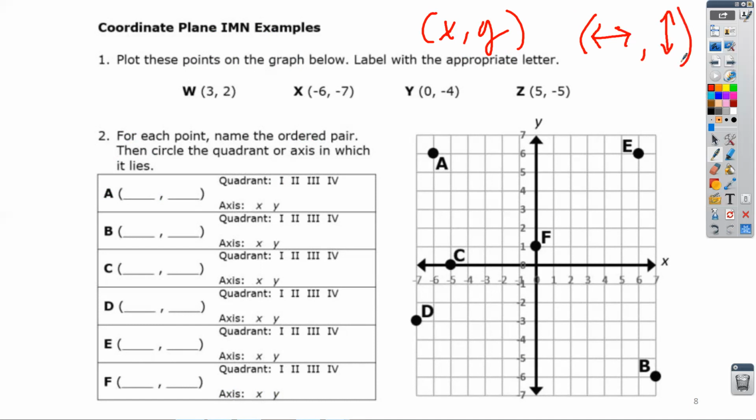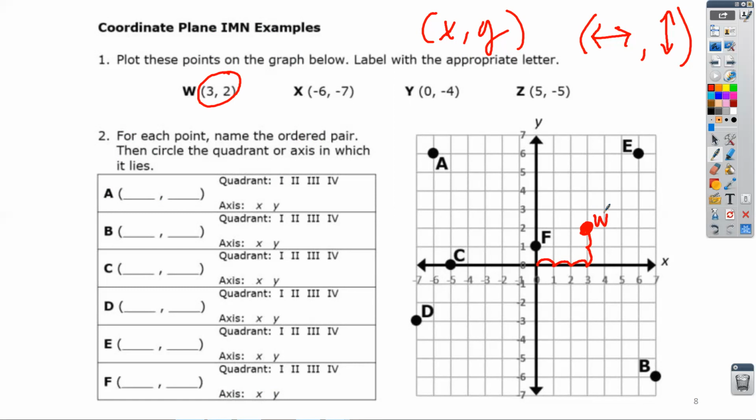So right is positive, left is negative, up is positive, down is negative. So 3, 2. Always start at the origin, go to the right 3 jumps, 1, 2, 3, and then you go up 2, 1, 2, put your dot and label it W.